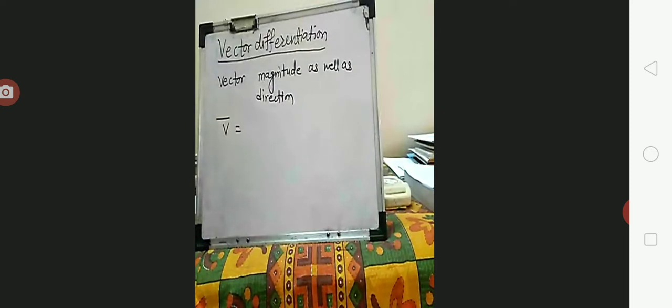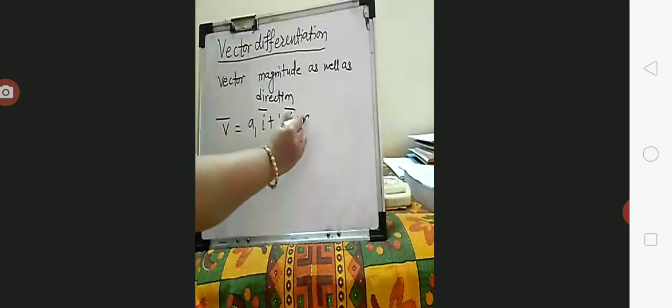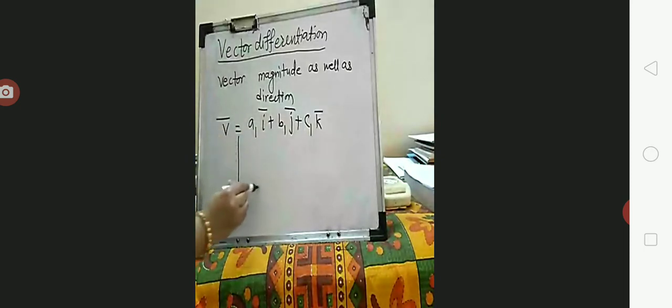In 3-dimensional space you can write this vector as a1 times i bar plus b1 times j bar plus c1 times k bar. What are these i, j, k? Suppose I have this 3-dimensional space with the positive x-axis, positive y-axis and positive z-axis, and this is your origin.